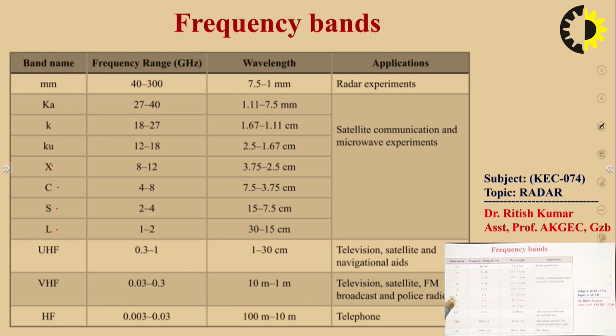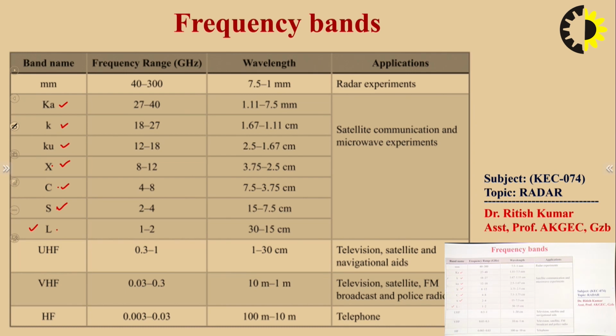You can clearly observe that the corresponding frequency range is specified within the table. The millimeter wave band starts from 40 gigahertz to 300 gigahertz, and the corresponding wavelength is 7.5 millimeter to 1 mm.